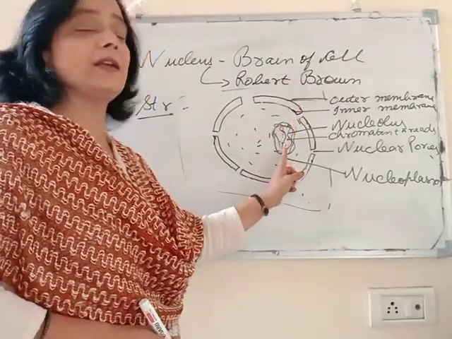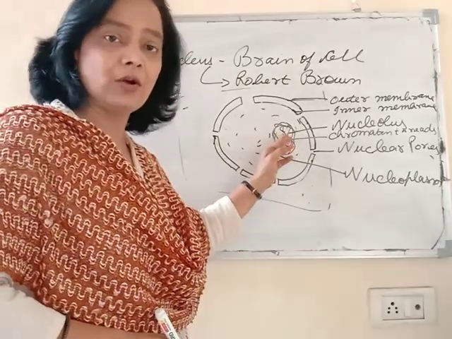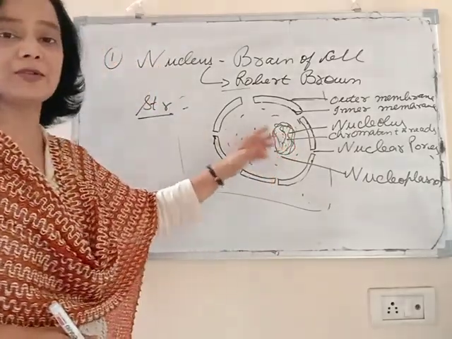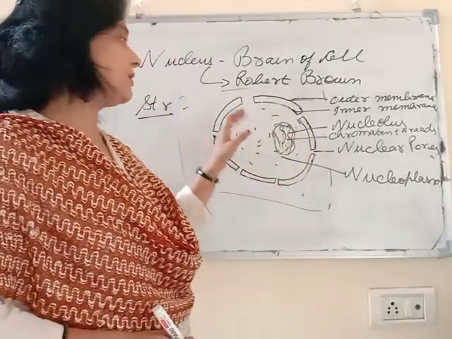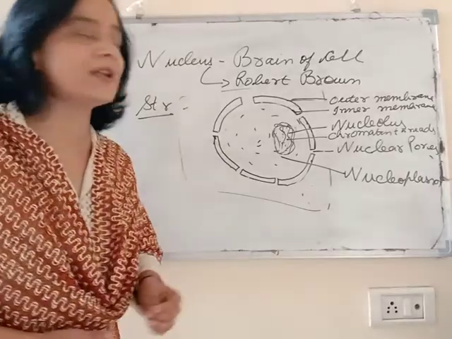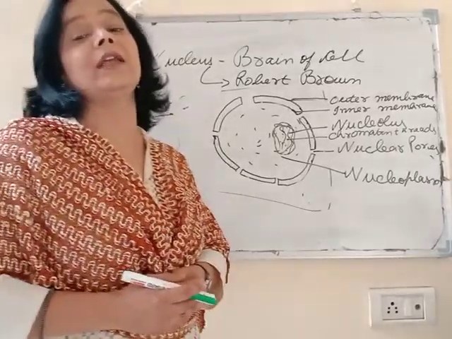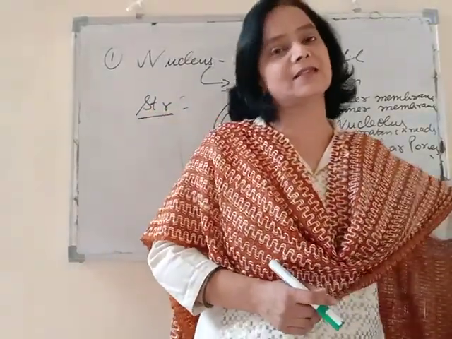It contains chromatin threads, also has ribosomes, and helps in protein synthesis. So this is the structure of the nucleus. Its basic function is to control and coordinate all the activities that occur inside a cell.